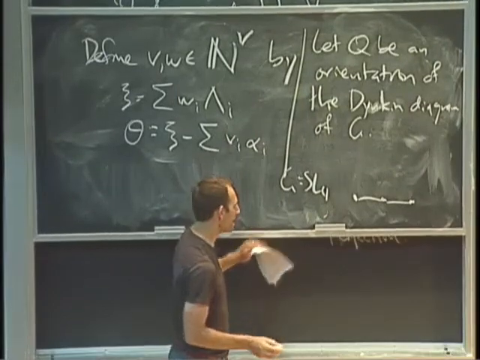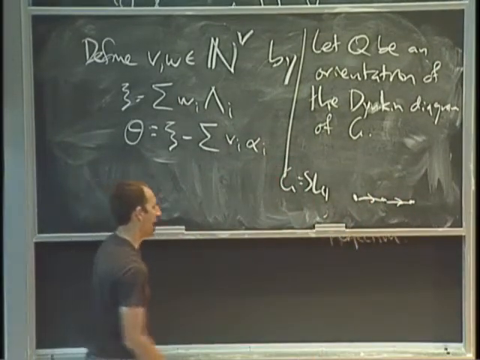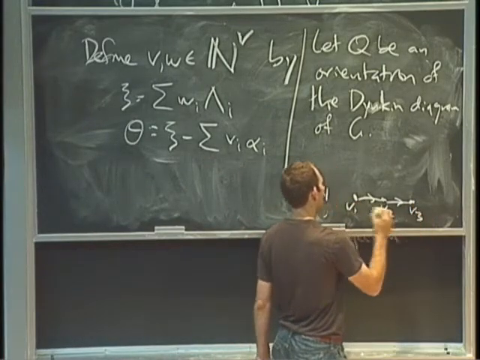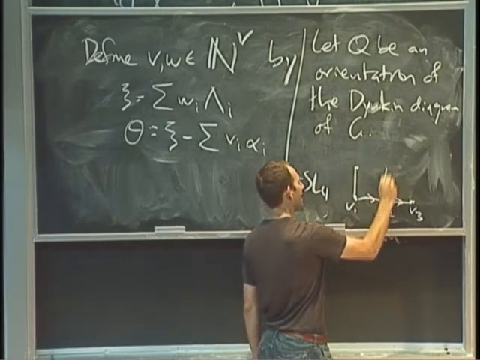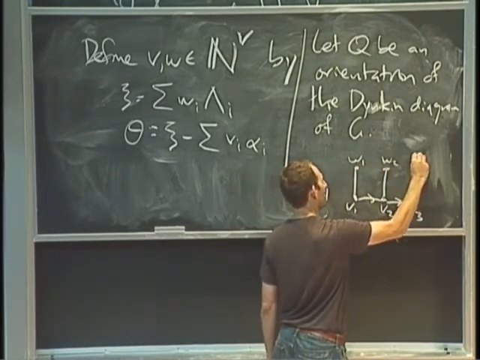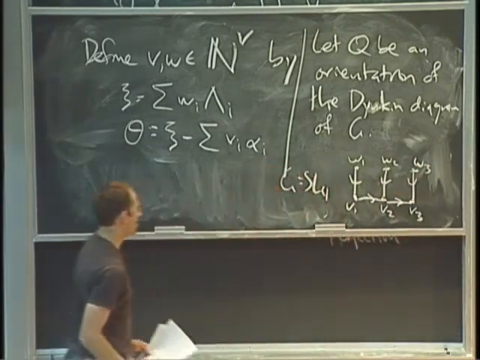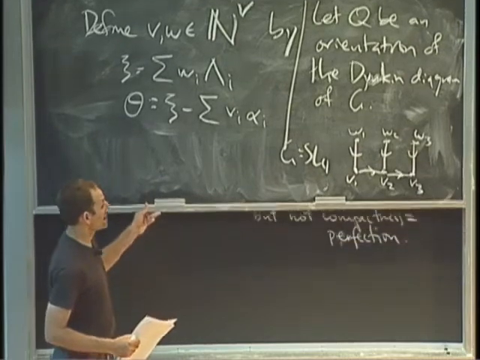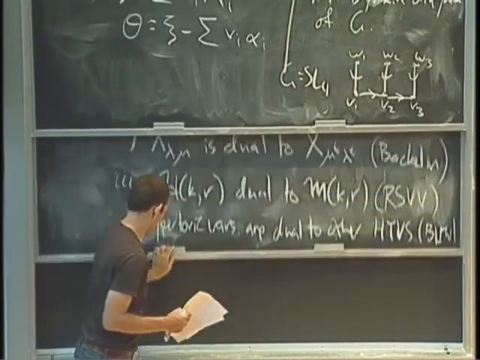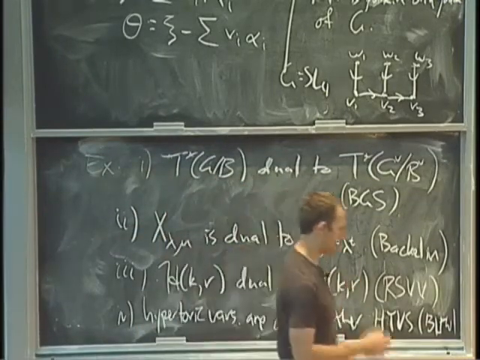I want it to be a quiver, so I just randomly choose arrows on the nodes. And I have my dimension vector: I have v1, v2, and v3 here. And then I do Victor's framing trick of adding a w1, w2, and w3 here. So this is the quiver that Victor called Q prime.